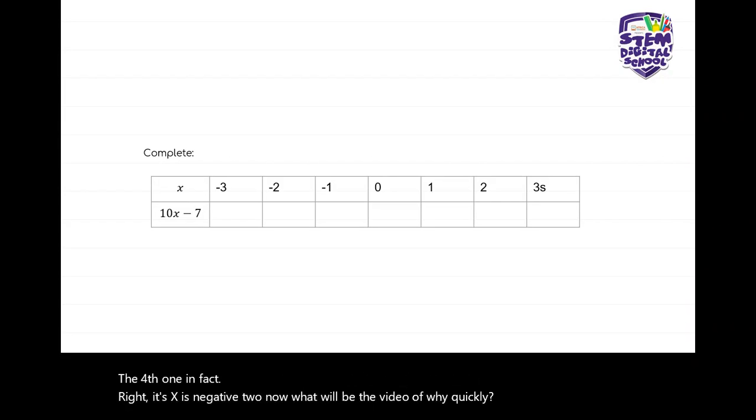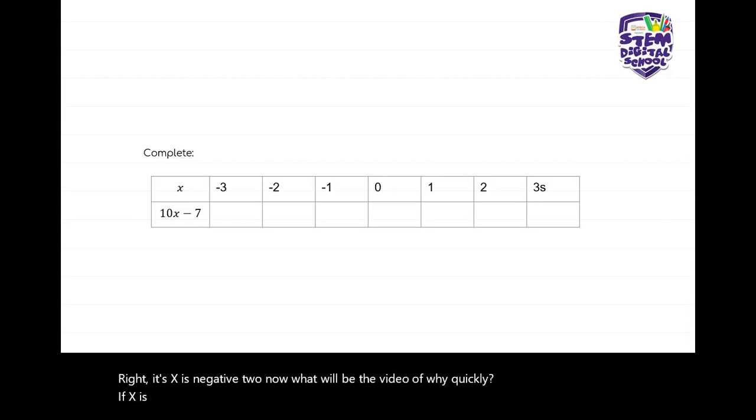Right, if x is -2 now, what will be the value of y quickly? If x is -2, you just have to substitute the value there. What is the value?